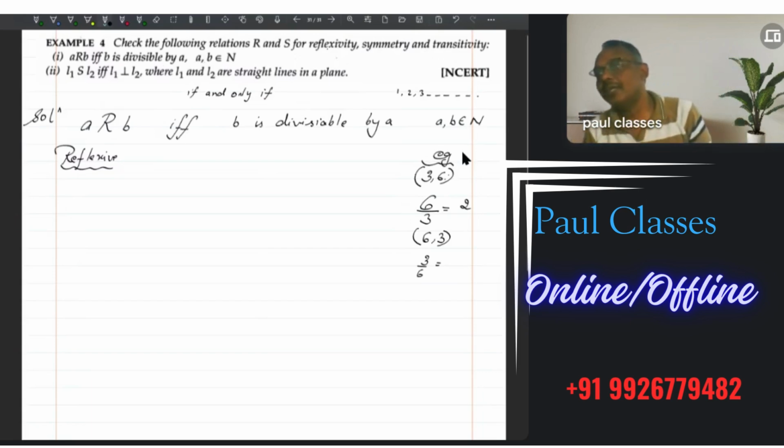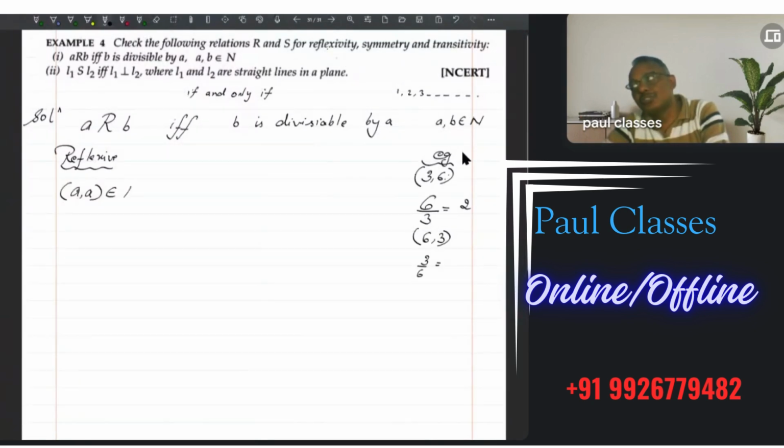Every element is divisible by itself. Reflexive means self-related. Every number is divisible by itself always. How will we write it down? We will write A belongs to R since A is divisible by A itself.